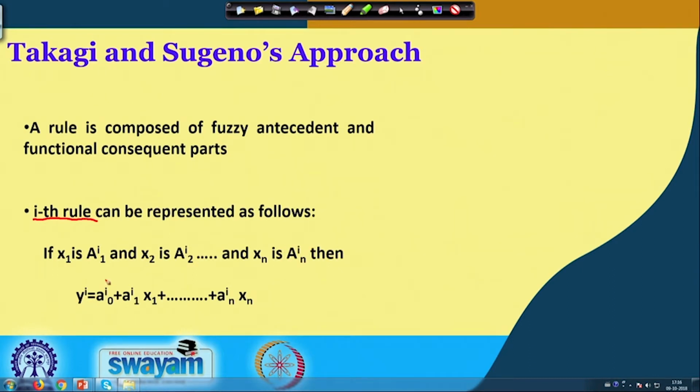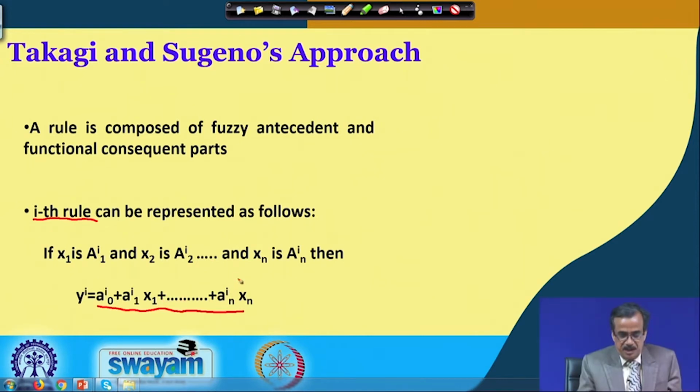then y i is nothing but a naught i plus a 1 i x 1 plus there are a few terms, and the last term is a n i x n. Now, I have already mentioned a little bit that in this approach, the output of a rule is nothing but a function of the input parameters or the input variables.